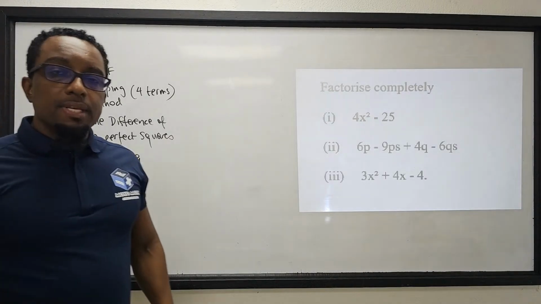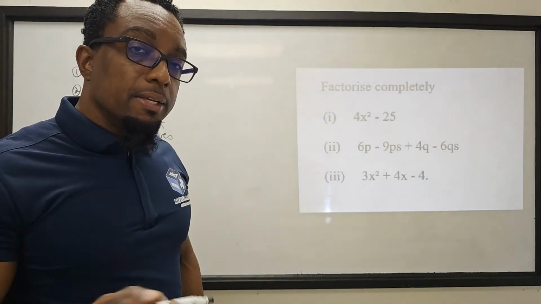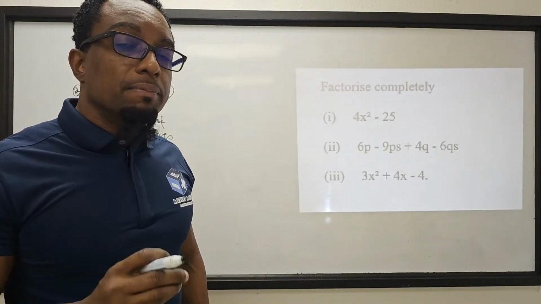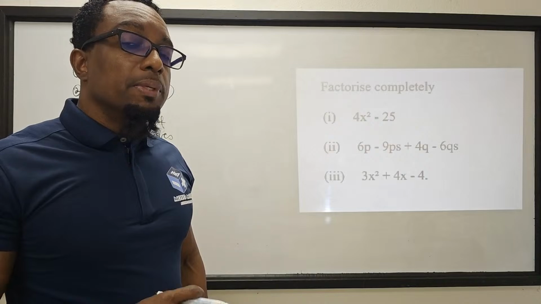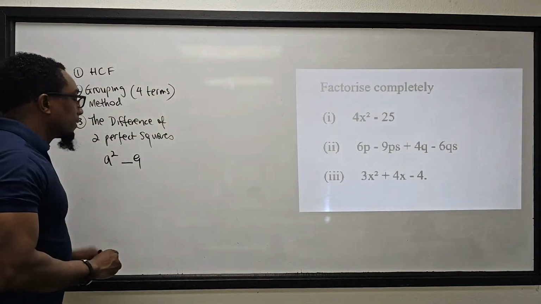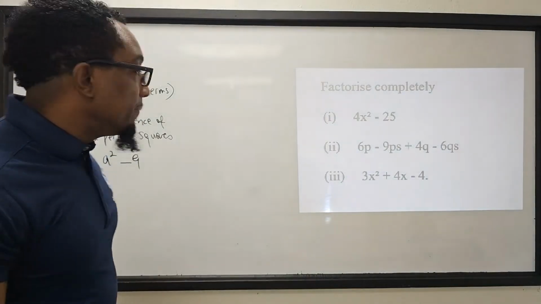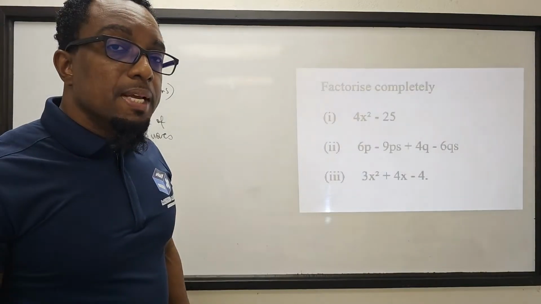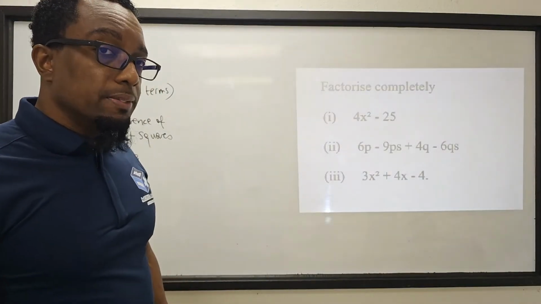So 9, for example, is a perfect square. Let's think of another perfect square. A squared is a perfect square. A can be expressed as a product of the same factor, which is A. A by A gives you A squared. So therefore, what we have here are 2 perfect squares, and the subtraction sign between them represents the difference of 2 perfect squares.